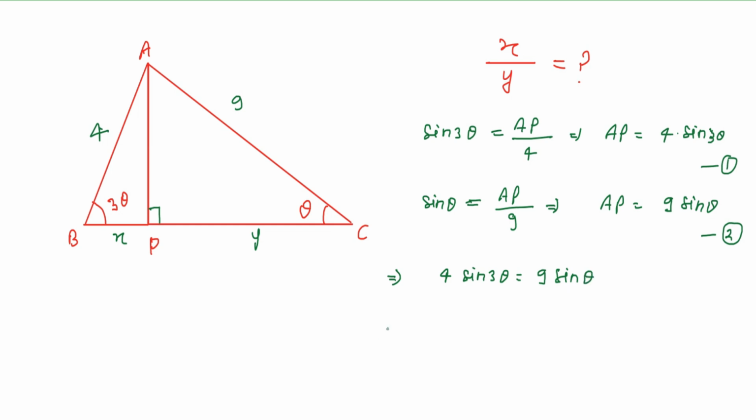So here we will be using the identity of sine 3 theta in terms of sine theta. So it can be written as 4 remains the same, so it will be 4 times, and sine 3 theta can be written as 3 sine theta minus 4 sine cube theta, and right hand side we have 9 times sine theta.